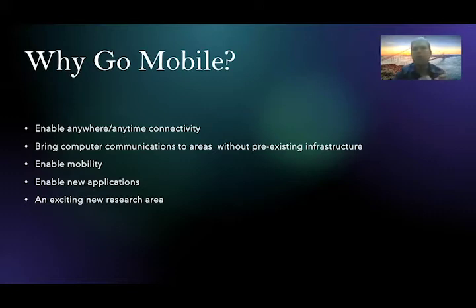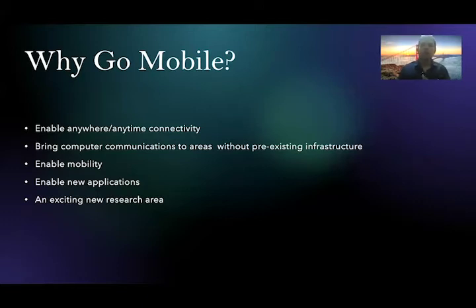And at the same time, you can bring your computer communication to areas without pre-existing infrastructure. For example, you bring your laptop anywhere and you don't need any special equipment. You have only your own mobile device such as your laptop, and then you can connect to the internet. So that one is very simple.